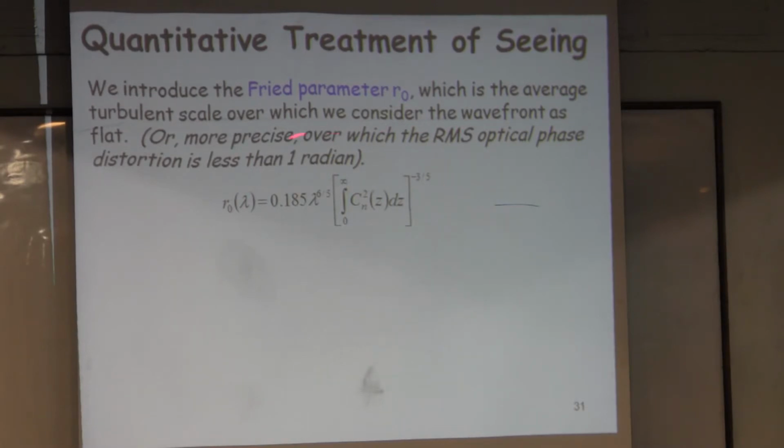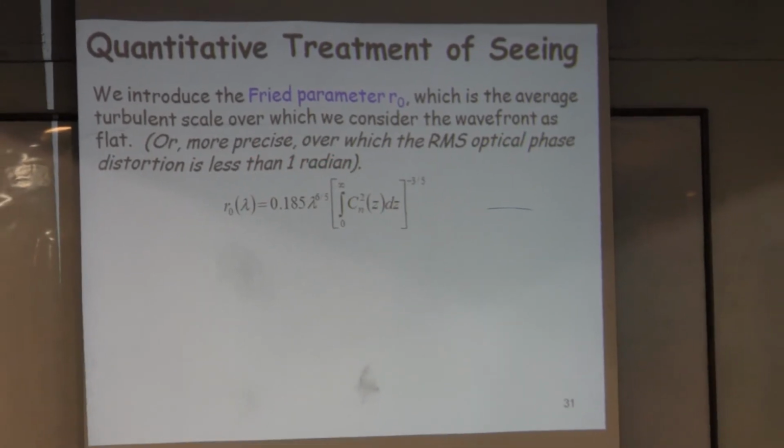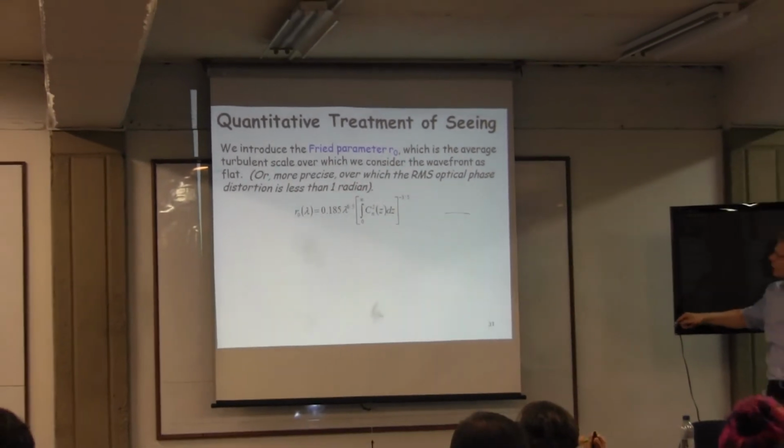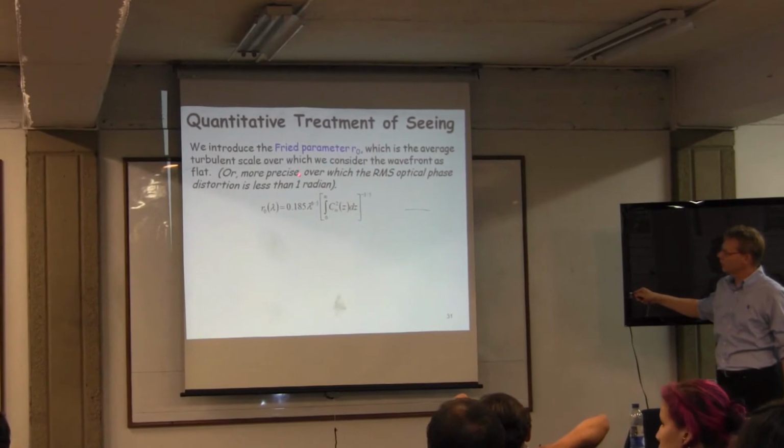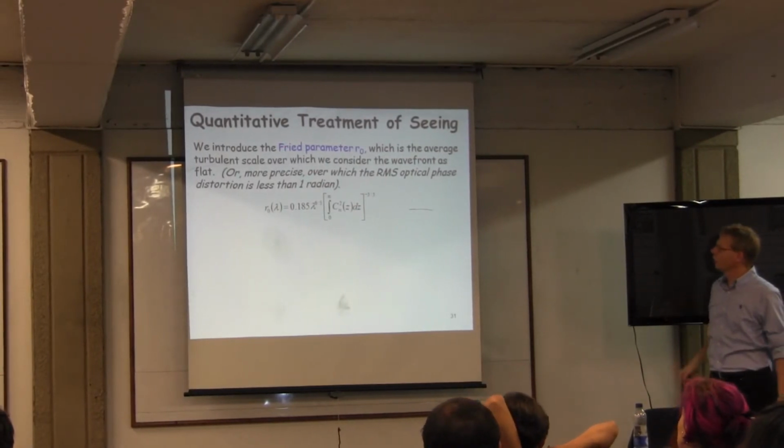If that wavefront error is less than 1 radian, which is about 60 degrees, meaning one wave is shifted by 60 degrees in phase with respect to the other, that's not that much. Of course, it has to be much less than 1 wavelength. But if it's less than 1 radian, then we consider the wavefront still flat, and that defines our free parameter.